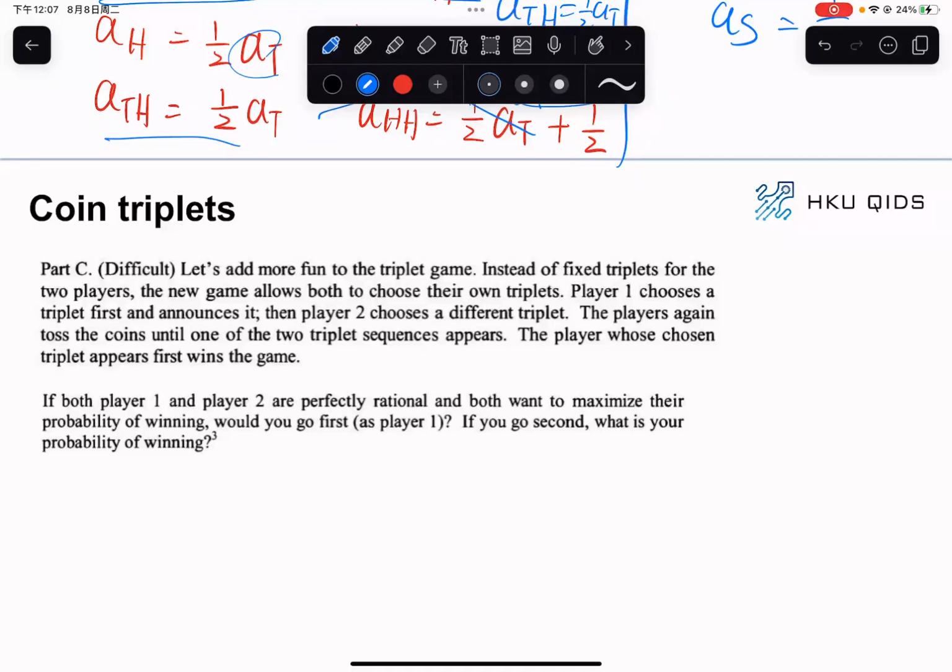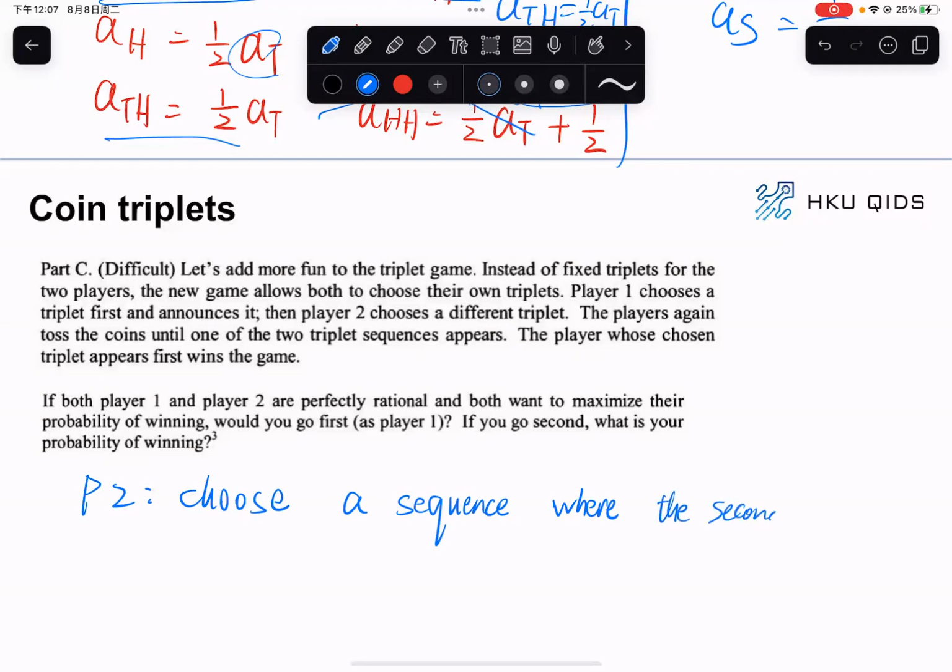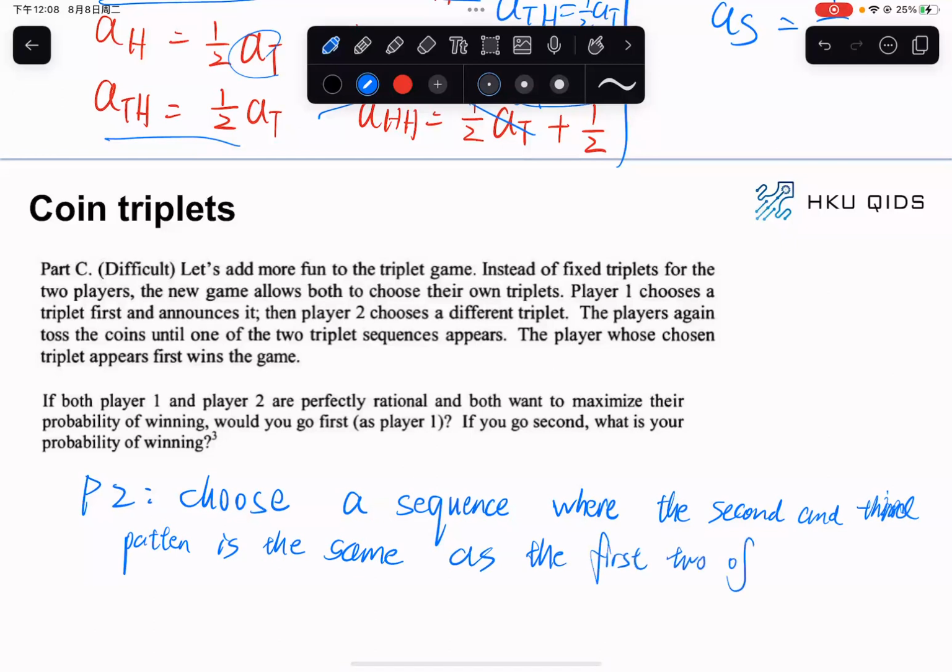The point is that player two can always choose a sequence where the second and third pattern is the same as the first two of player one.